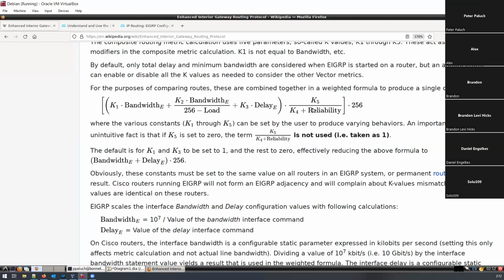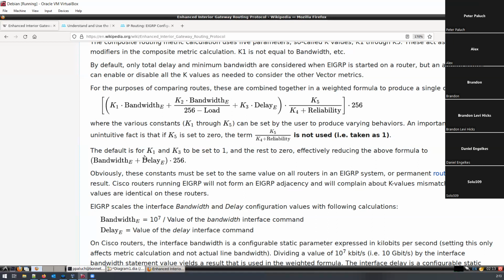Importantly, by default, K1 and K3 are set to 1, and all other K values are set to 0. So essentially, the metric computation collapses to the sum of bandwidth and delay.